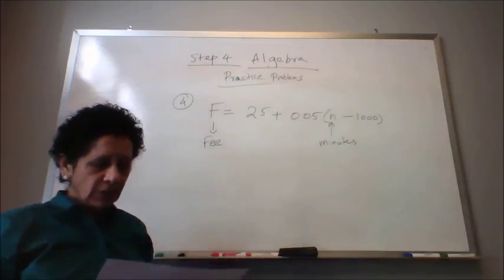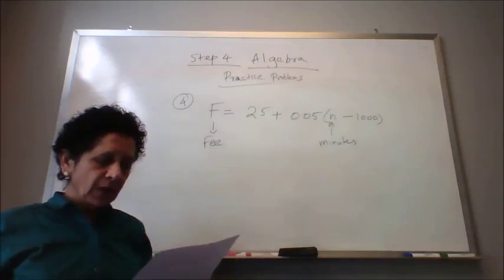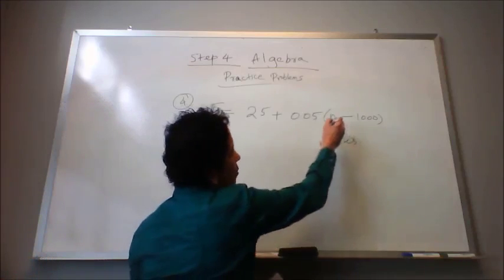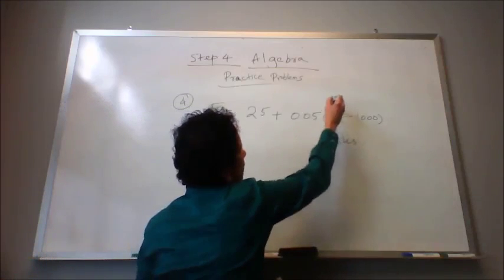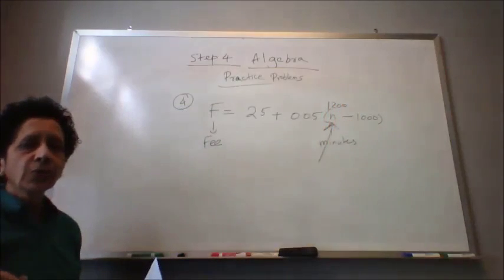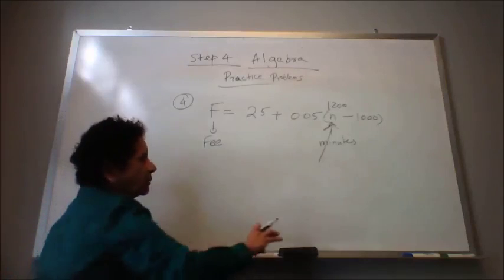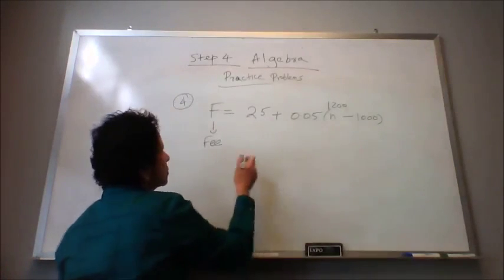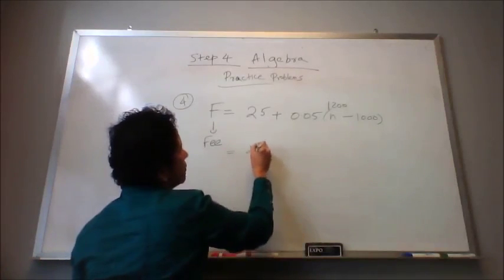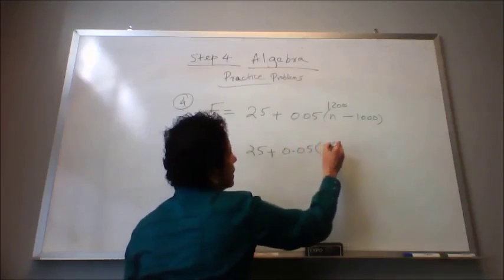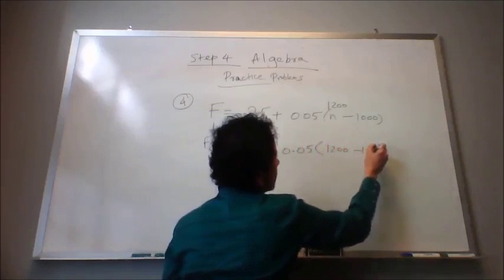So the question is, if Tom used 1,200 minutes, how much would he pay? The number of minutes is 1,200, so all you have to do is plug in 1,200 here. That's all you need to do in this problem, okay? So when you plug that in, the fee equals 25 plus 0.05 times (1200 minus 1000).